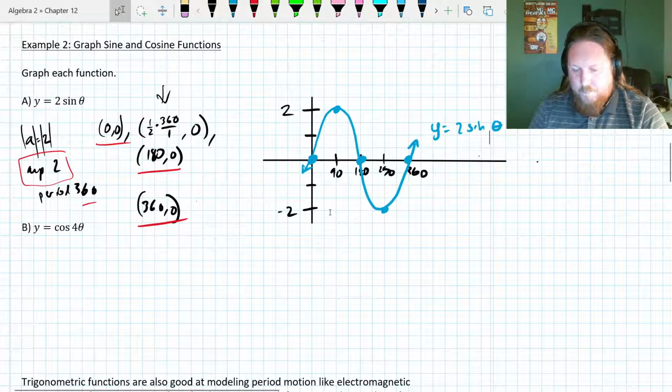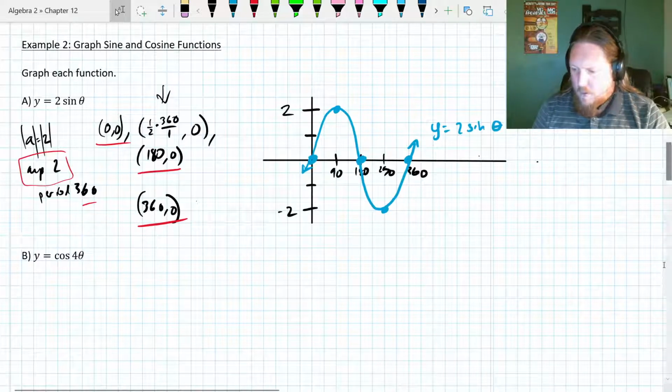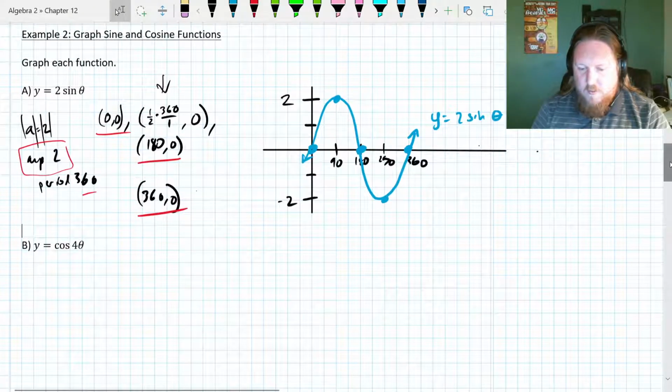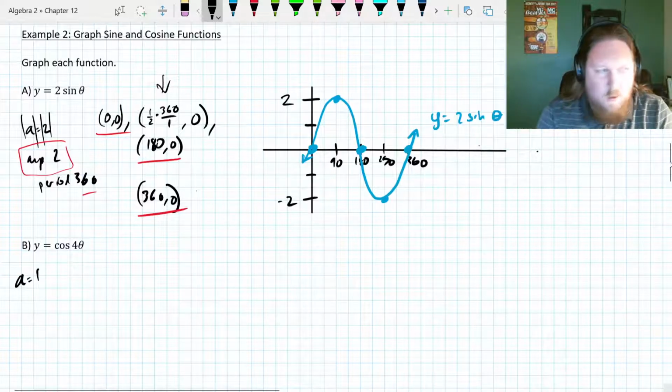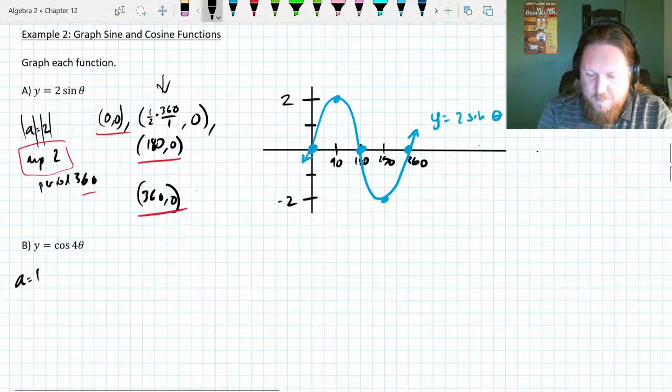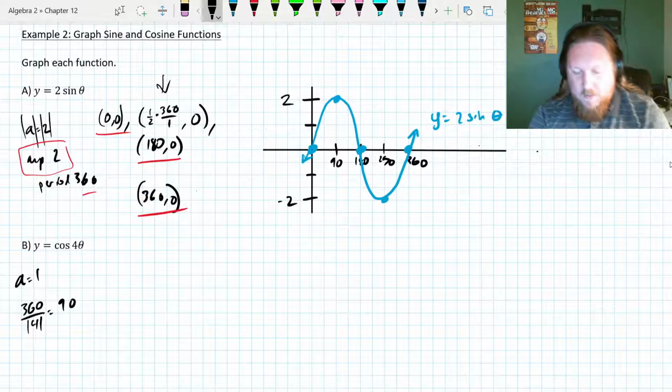Okay. Now let's do the same thing for cosine. Let me get a little bit more space here. This one, you can see there's no change in the amplitude, so the amplitude is 1. Not much to change there, but the period has changed. So 360 divided by the absolute value of 4 is 90.